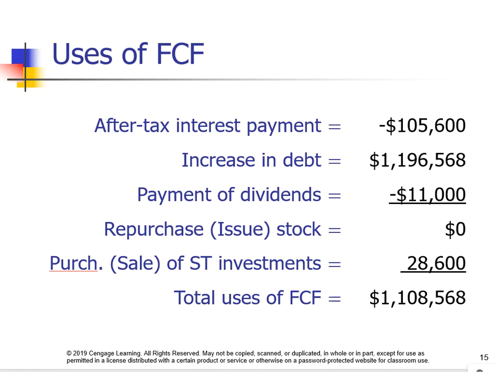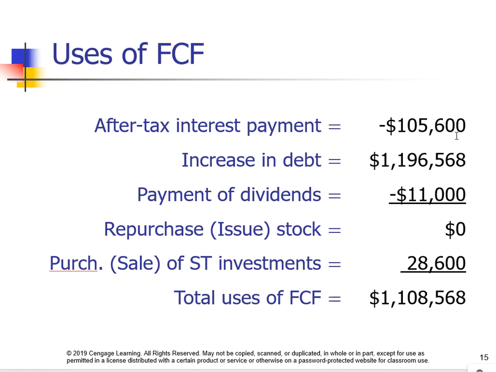So, uses of free cash flow. We can look at the financial statements and figure out where that negative 1.108 million is coming from. If you look on the income statement, they had interest of 176,000, and so this is 176 times 1 minus t.